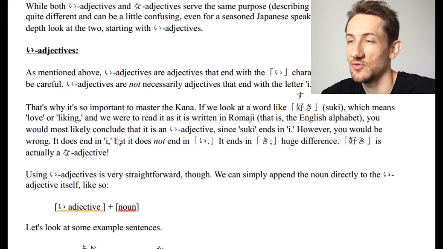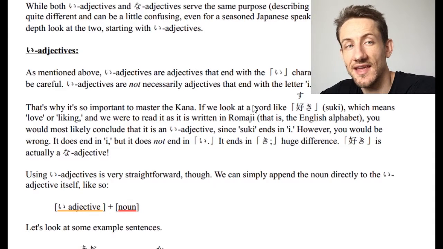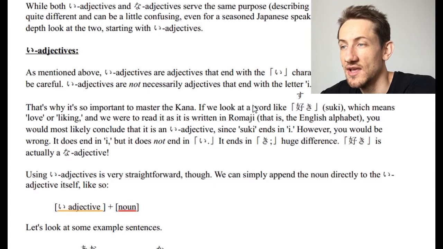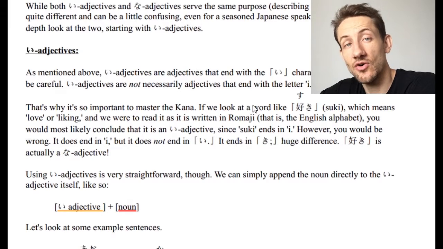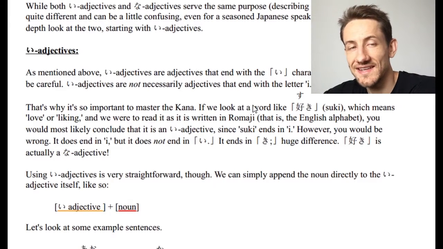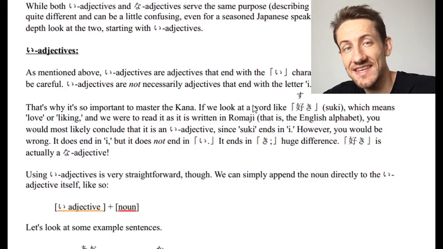Here we have an example. The word suki, which means love or liking, is written in Romaji S-U-K-I. You would think that suki is an i adjective, but actually you'd be wrong. It does end in the letter I in Romaji, but it does not end in the i character.